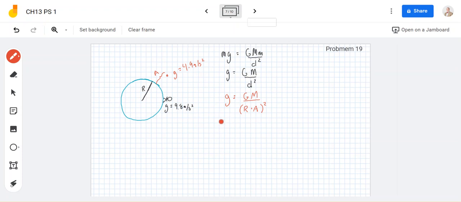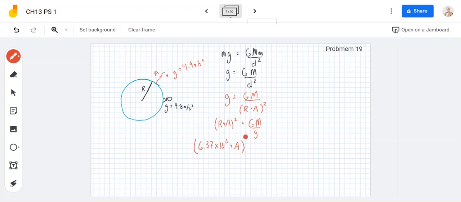So I want this to be, well, let me rearrange first. So I know the radius of the Earth is 6.37 times 10 to the 6th plus the altitude.